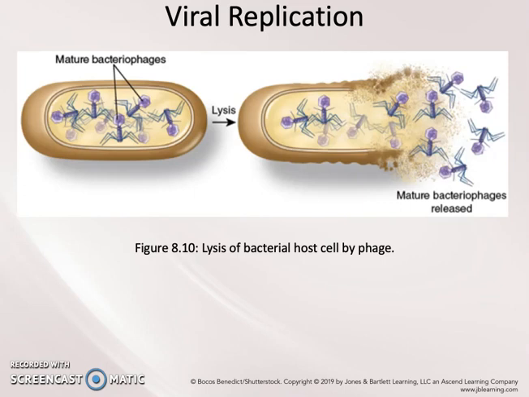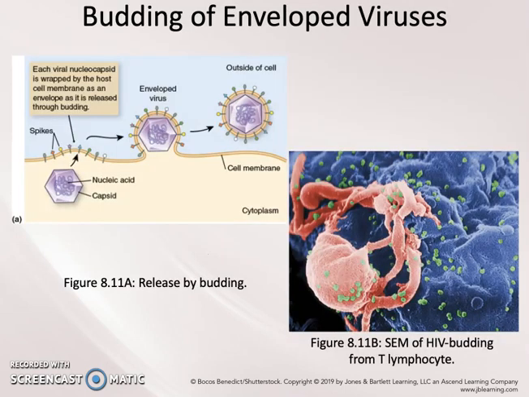Enveloped animal viruses need to take some of the host cell membrane with them as they leave. This happens in the process known as budding. Budding is when the viral particle, the nucleocapsid, approaches the cell membrane of the host cell and causes the cell membrane to bleb outwards, eventually resulting in the nucleocapsid being surrounded by the host cell membrane itself.